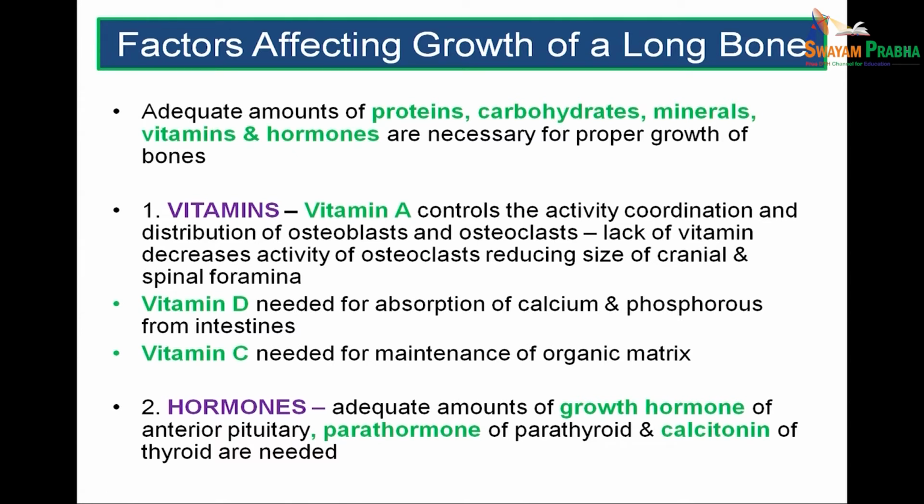Vitamins like vitamin A, vitamin D and vitamin C are also required for bone growth. Hormones like growth hormone from the pituitary gland, parathormone from the parathyroid and calcitonin from the thyroid are also required for proper growth of bones.